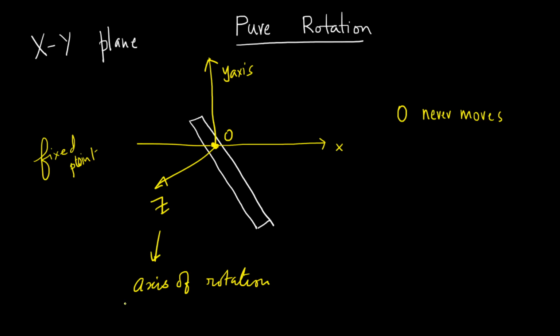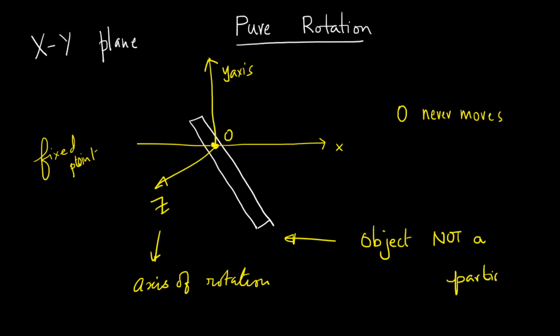So what happens in pure rotation? So first of all, we're going to consider this object. This object is definitely not a particle. That's a big leap we are making now.